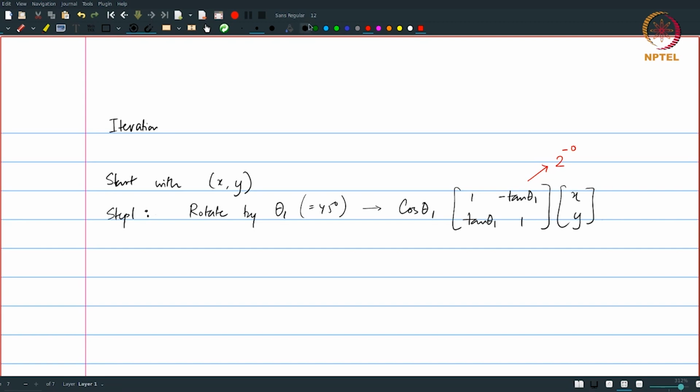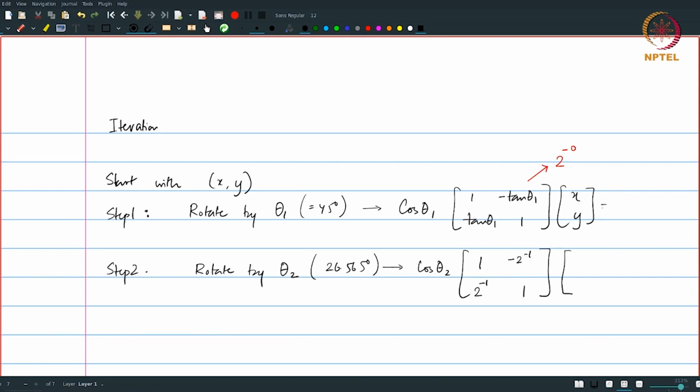Step 2 would mean rotating by theta 2, which would be 26.565 degrees, which is cos theta 2 into the matrix [1, minus 2 power minus 1; 2 power minus 1, 1] times the x1 y1 that you obtained in the previous case, and we would get x2 y2 as a result, right?